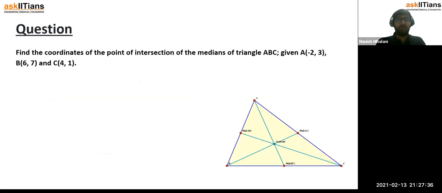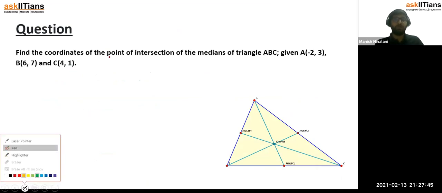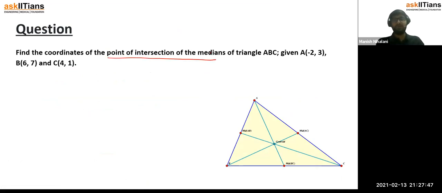We have to find the coordinates of the point of intersection of the medians, which means we have to find the coordinates of the centroid. The x coordinate is x1 plus x2 plus x3, so minus 2 plus 6 plus 4 divided by 3.